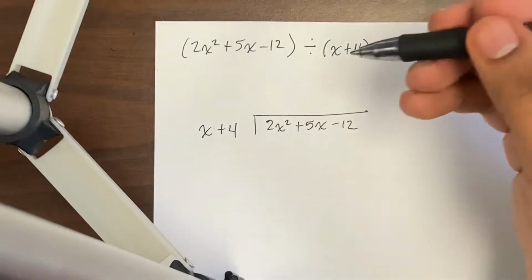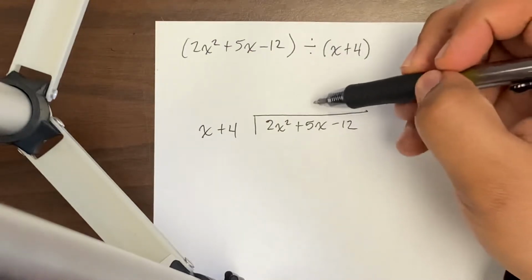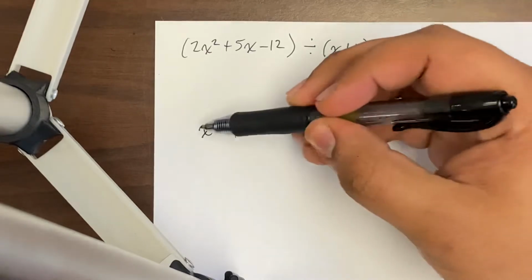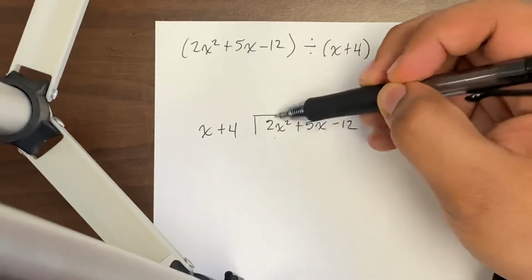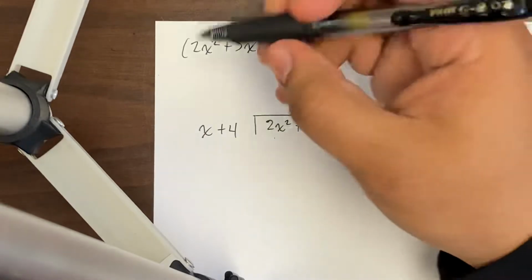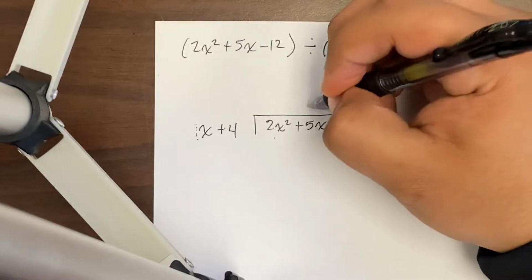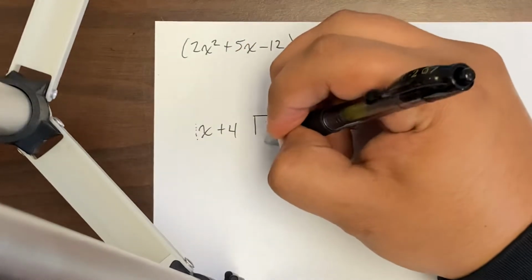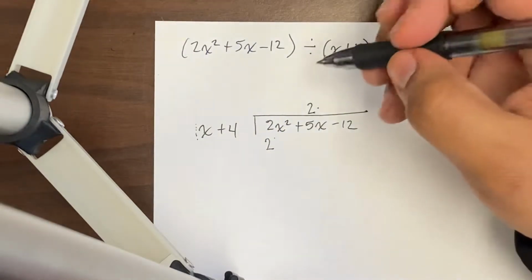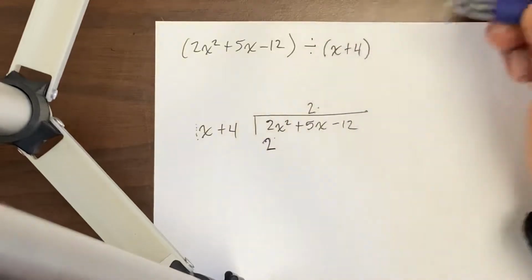Here we go. So, how do I divide? I need to multiply something times x to give me 2x squared because I need this to cancel out to 0. Hopefully you remember this is a 1. So we should be able to at least say, okay, I know it's 2 times 1 to give me 2. Perfect. Next, let's do this in a different color.